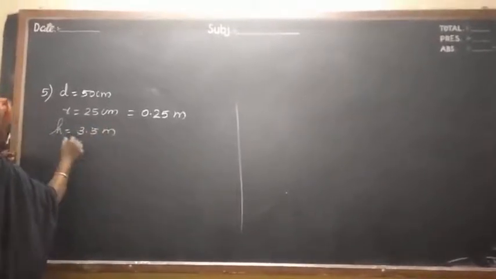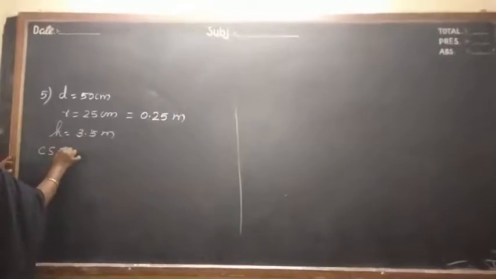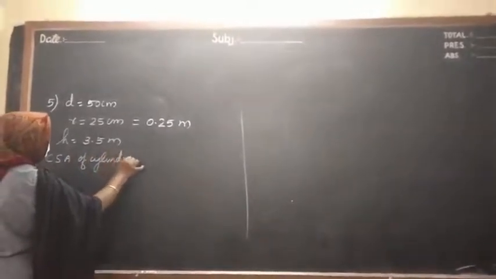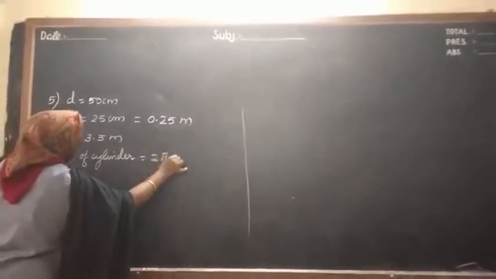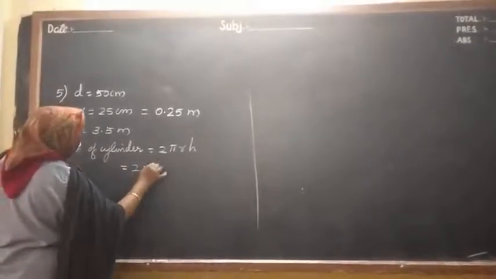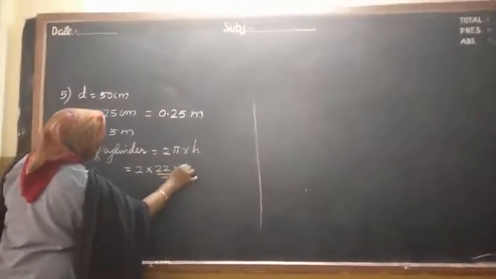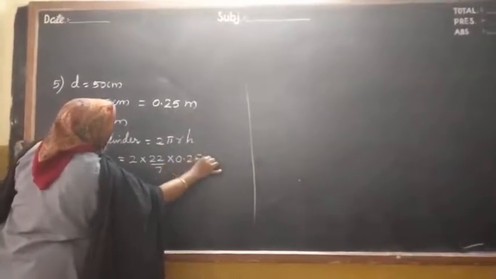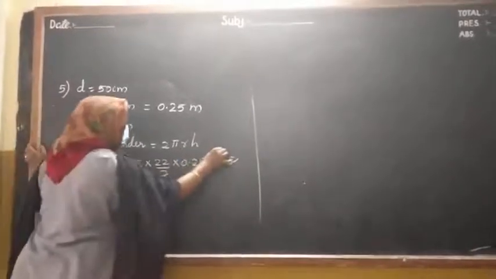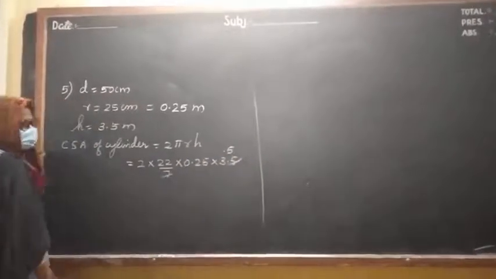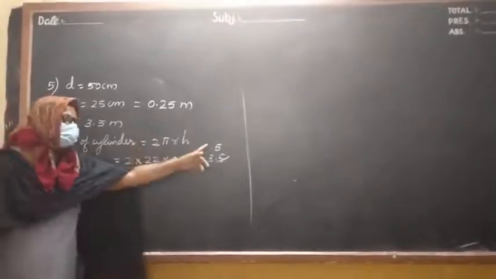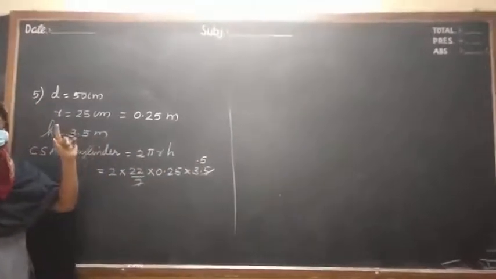Now the curved surface area is equal to 2 pi RH. So that is equal to 2 into 22 by 7 into 0.25 and into 3.5. So 3.5 and 7 you can cancel, 0.5 it will come. So 2 into 0.5, 1 it will come.